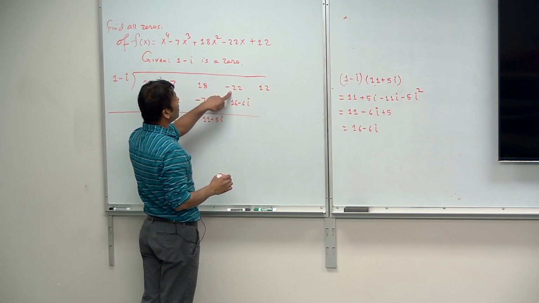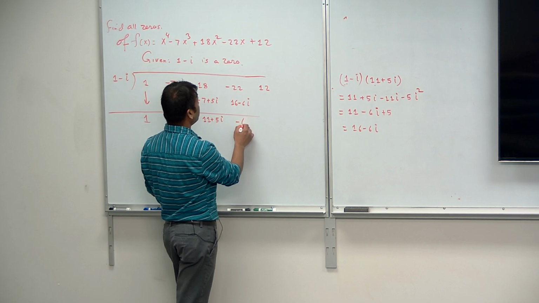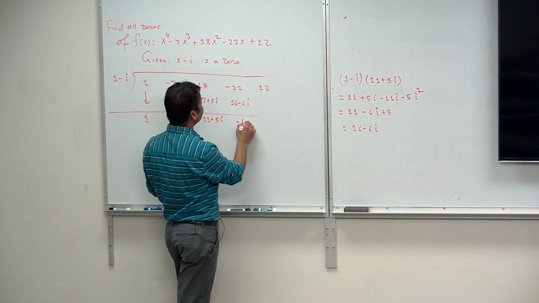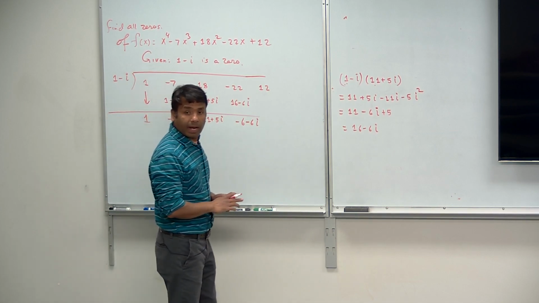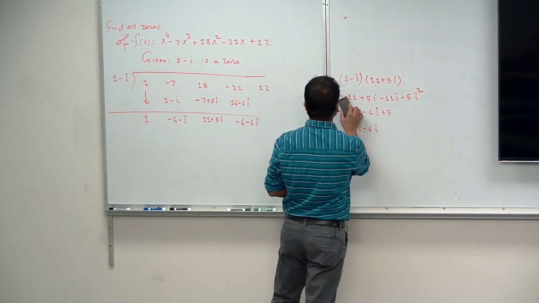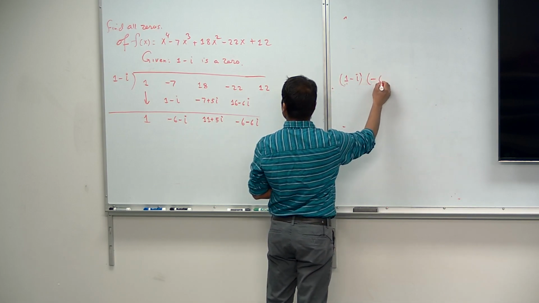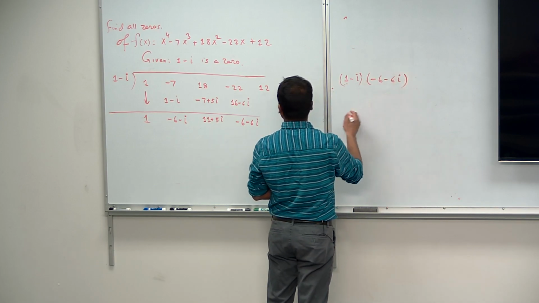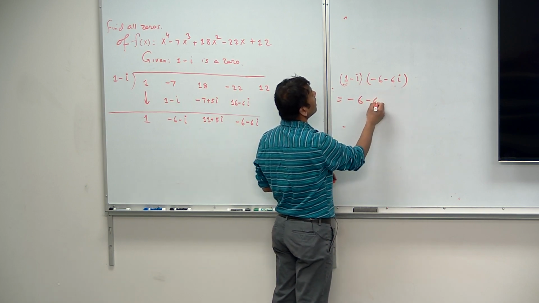And what is negative 22 plus 16? Negative 6 minus 6i. Are you guys with me? Right? And you multiply this. Okay, 1 minus i times negative 6 minus 6i. What is that? 1 times negative 6, negative 6. 1 times negative 6i, negative 6i.